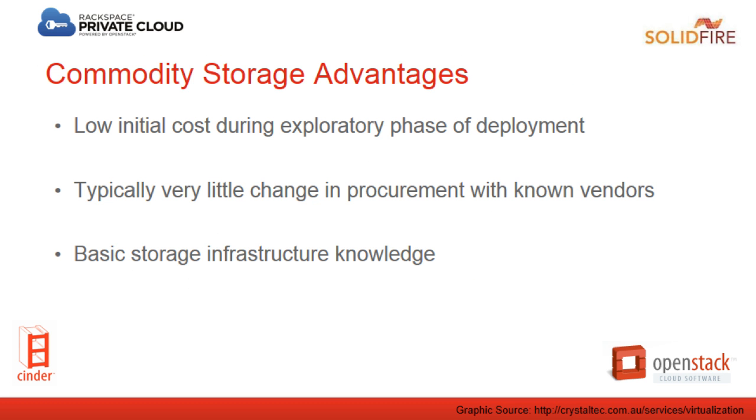Also, there's very little change in your procurement process, since you will be procuring basically another server to be used as your storage backend. And then obviously the infrastructure storage knowledge required is very minimal. Again, if you have a Linux admin who knows how to set up a logical volume on a Linux server, they are able to manage a Cinder storage array using a commodity backend.